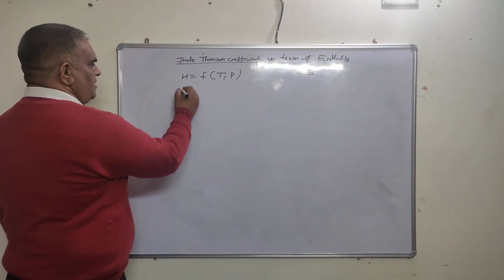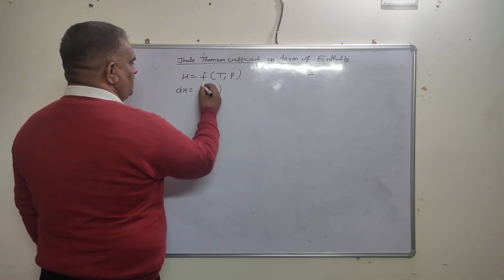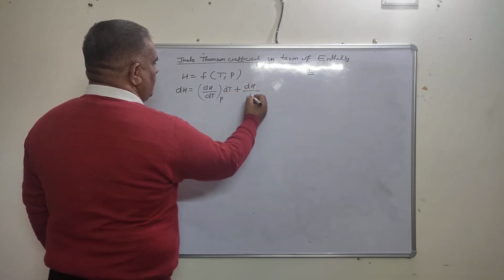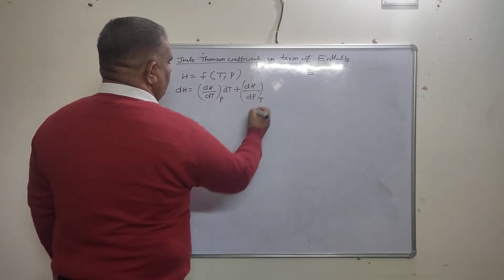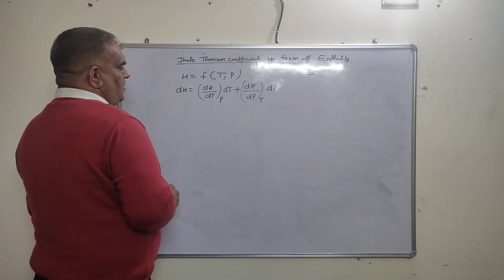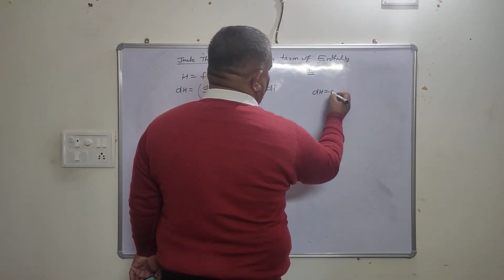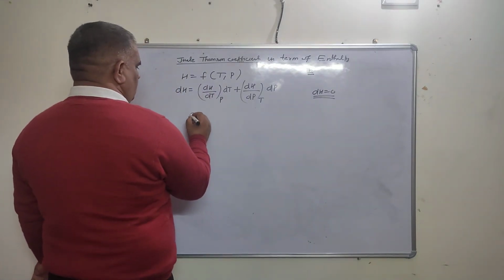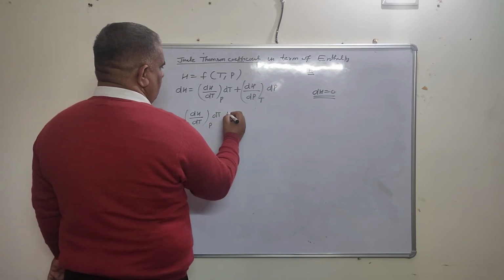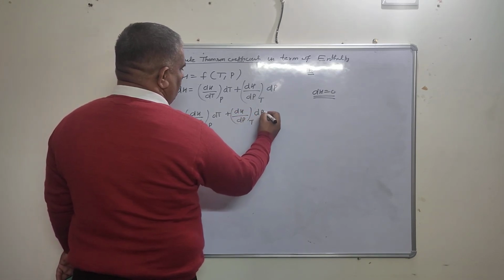Differentiating this equation, dH equals dH by dT at constant pressure times dT plus dH by dP at constant temperature times dP, and the Joule-Thomson effect is an isoenthalpic process, so dH equals 0. Putting that here, dH by dT at constant pressure dT plus dH by dP at constant temperature dP equals 0.